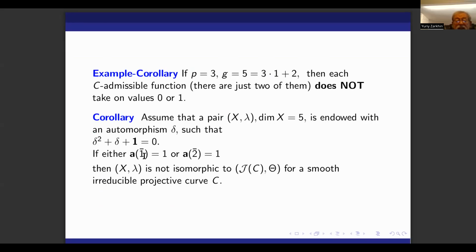If either a of 1 bar is 1 or a of 2 bar is 1, then X, lambda is not isomorphic to the Jacobian of a smooth irreducible projective curve.